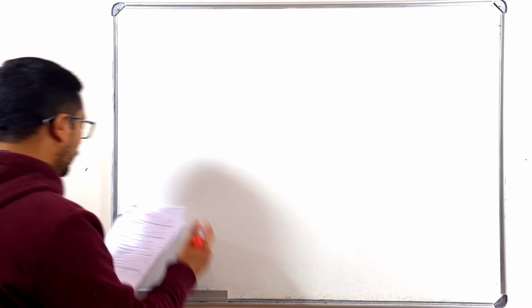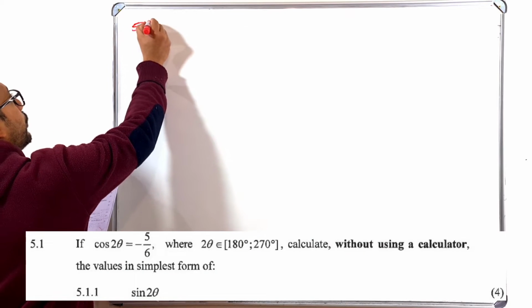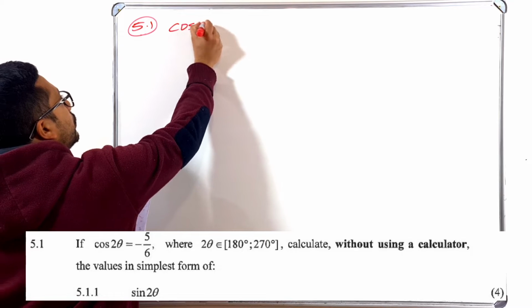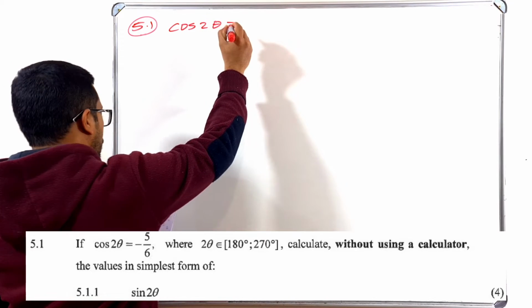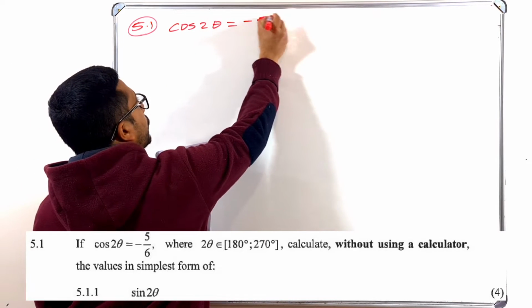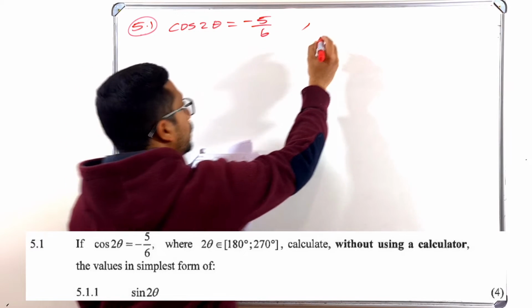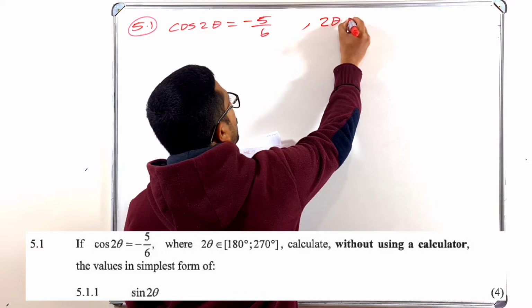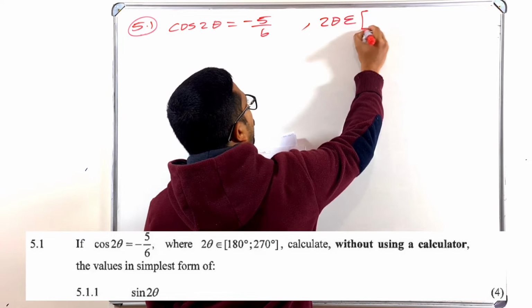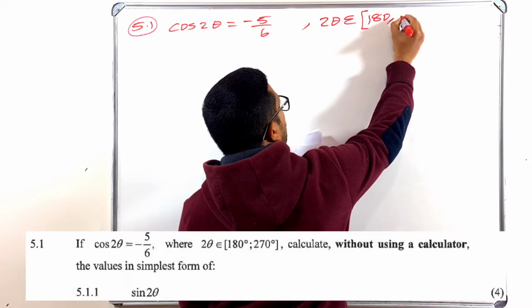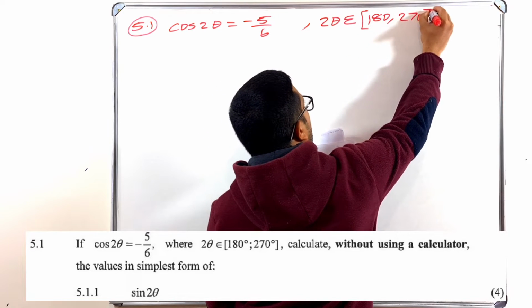What is question 5.1? It is given that cos 2 theta is minus 5 over 6, and the condition is that 2 theta is an element of 180 to 270.